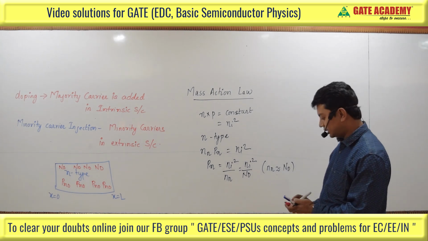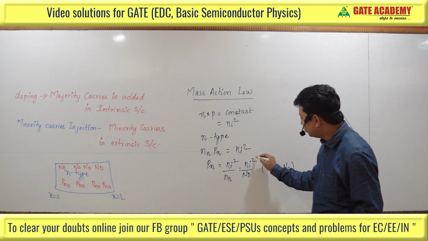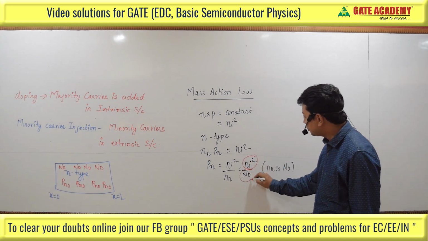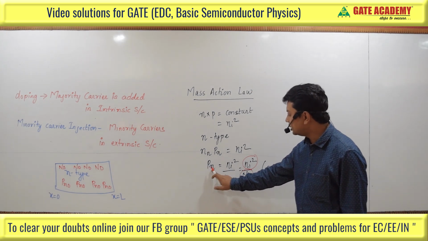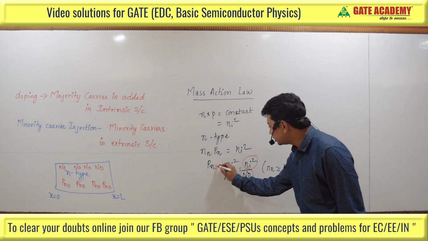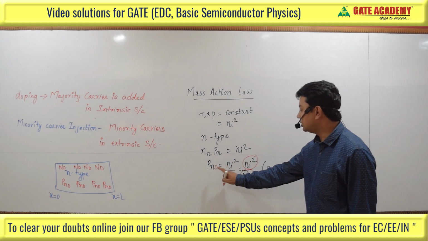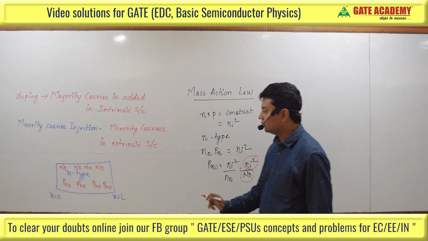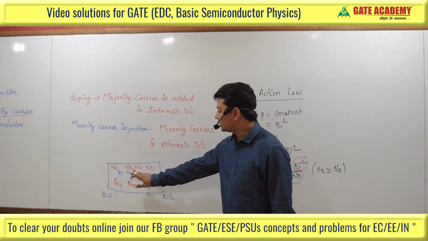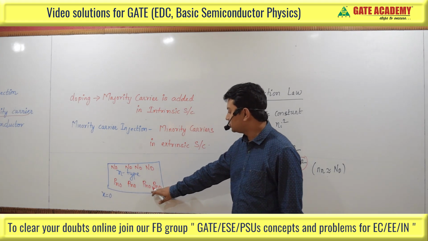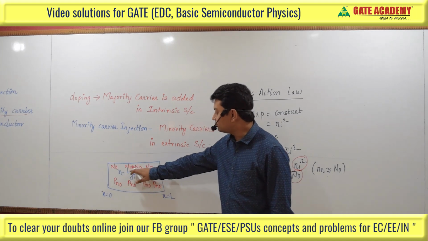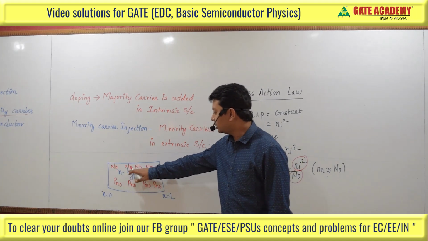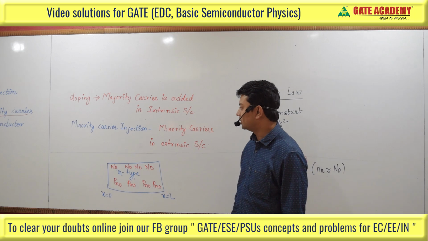Since in a particular semiconductor the values of ni square and Nd are constant, the concentration of holes in the n-type semiconductor at thermal equilibrium is constant. That's why in an n-type semiconductor the concentration of minority charge carrier is constant throughout, and in a uniformly doped semiconductor the concentration of majority charge carrier, the donor atom concentration, is constant throughout.